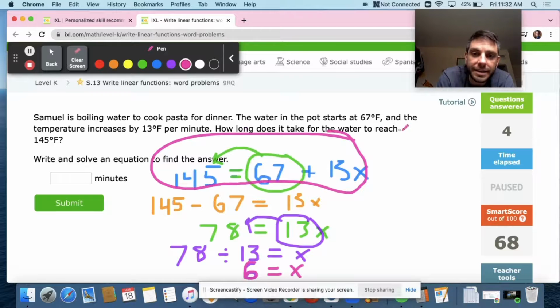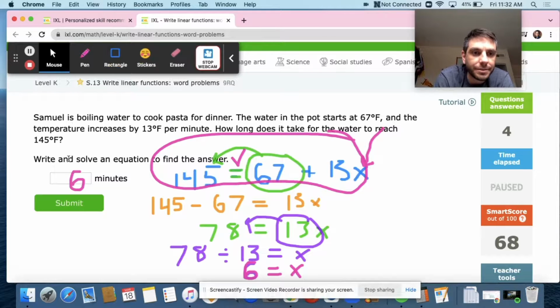Like if we change that letter x to the number 6 and we did 13 times 6, that should give us 78. We add 67 to that, we're going to end up with 145. So 6 is the number for x that will make this equation true. Therefore, it's the solution: 6 equals x. And remember, x stands for minutes. So 6 minutes is our answer.